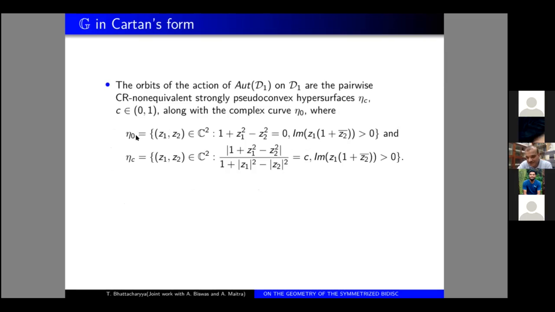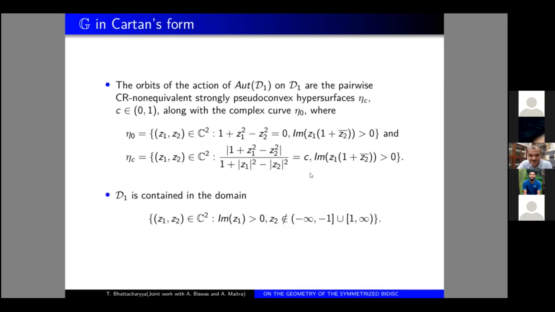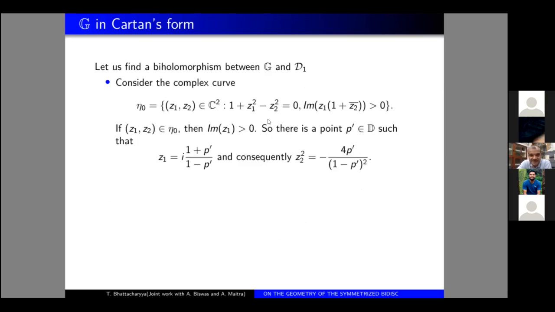He calls it eta 0. Eta 0 is special. It's really just a complex curve. And the rest, eta c, for c between 0 and 1, are again 3 real dimensional hypersurfaces. Okay, D1 is contained in a certain bigger domain, and I have written it only because it comes in handy in our computations. We shall need this. Okay, very nice.